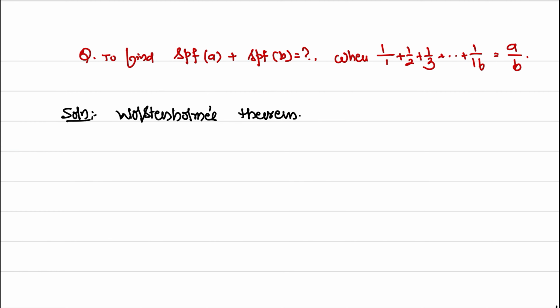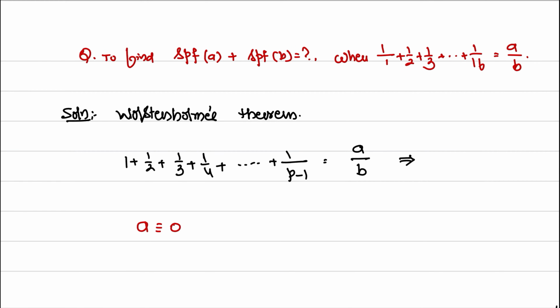As per this, if a summation of a harmonic series is taken like this: 1 plus 1 by 2 plus 1 by 3 plus 1 by 4 up to 1 by p minus 1, that is equal to a by b, then it implies, please remember this, a is equivalent to 0 mod p square.